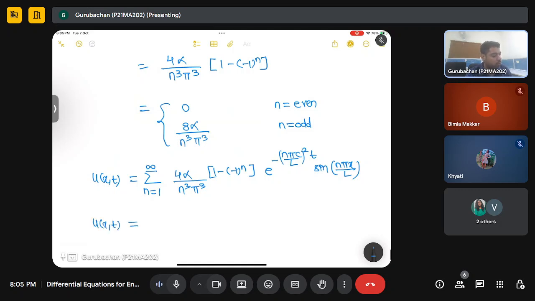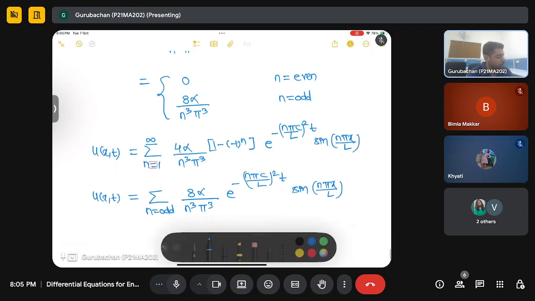Another way is with n only odd, and this will become 8 alpha divided by n cube pi cube, e to the power minus n pi c by L square t, sin n pi x by L.